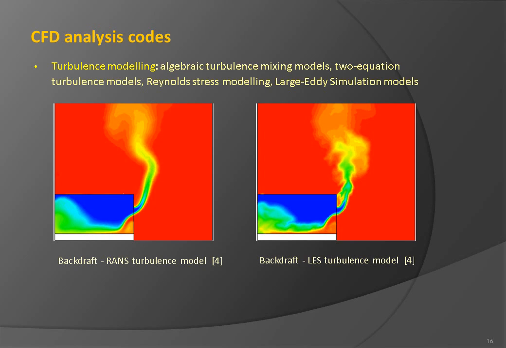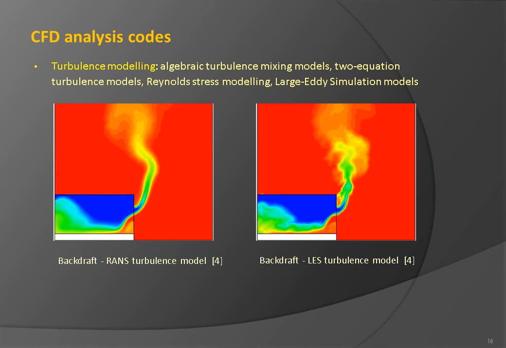Figures in front of us show a simulation of a gravity current in a shipping container where a cold stream moves inward and a plume of hot gases moves outward. The results on the left were obtained with a transient Reynolds-averaged Navier-Stokes, or RANS, model, and the results on the right with the large eddy simulation, or LES, turbulence model.